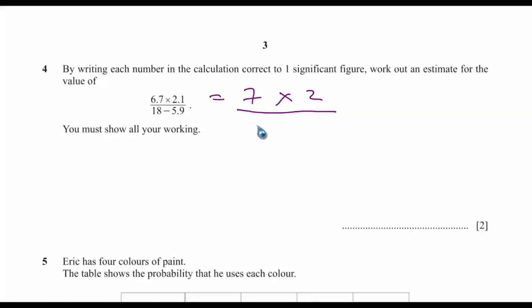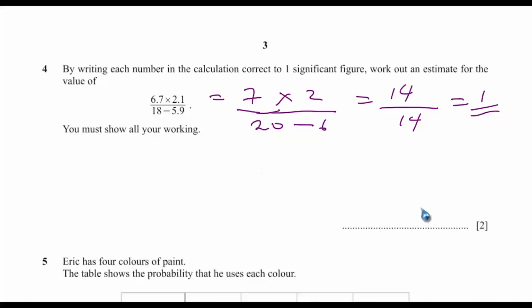Then everything over 18 to one significant figure will be 20. Then 5.9 to one significant figure will be 6. 7 multiplied by 2 gives 14 over 20 subtract 6, that will be 14 as well. So this will give you a whole.